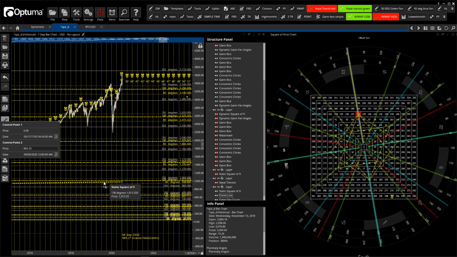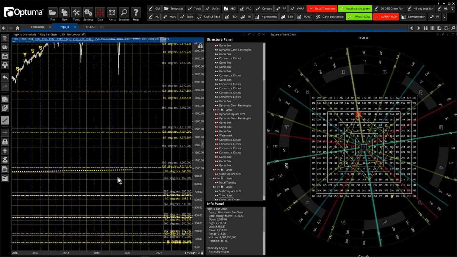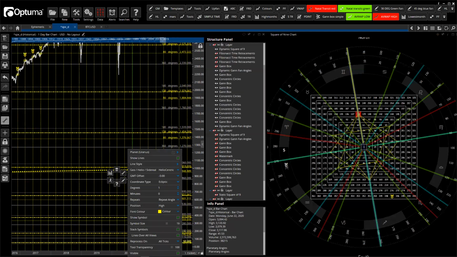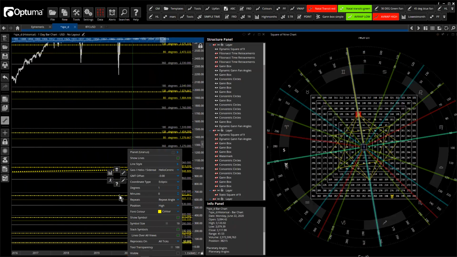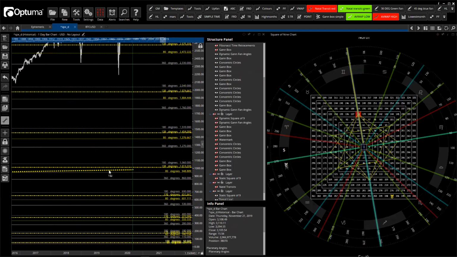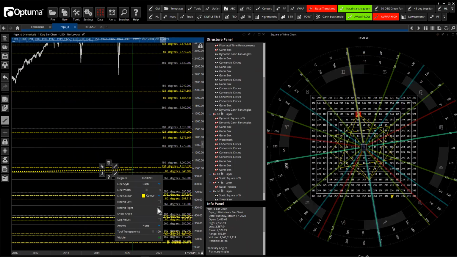And now we've got this line here, right? Let me just clarify what I'm seeing now. We don't really need to see all these degrees of Uranus. Let's just get rid of that.